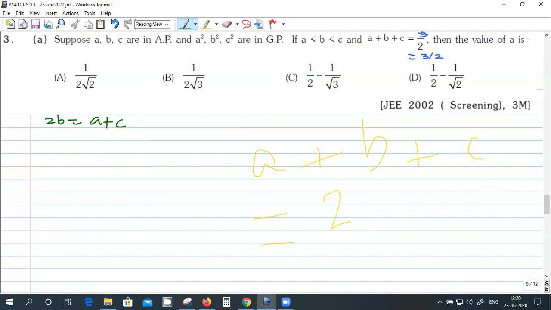I have written 3 by 2, no? D is not known. A, B, C in AP means 2B equal to A plus C, right? Is that right? This is what this means, right?